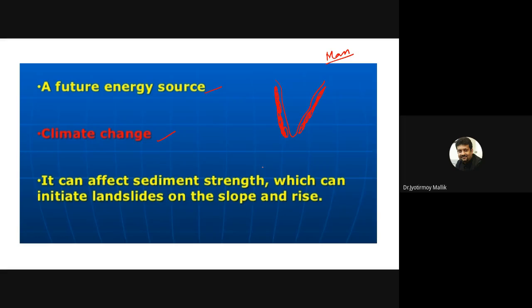If you remove such a huge amount of mass from a particular place, something people have not done historically, okay, people have made mines, have built roads, but here we are talking about a very different sort of scale. The scale is entirely different.